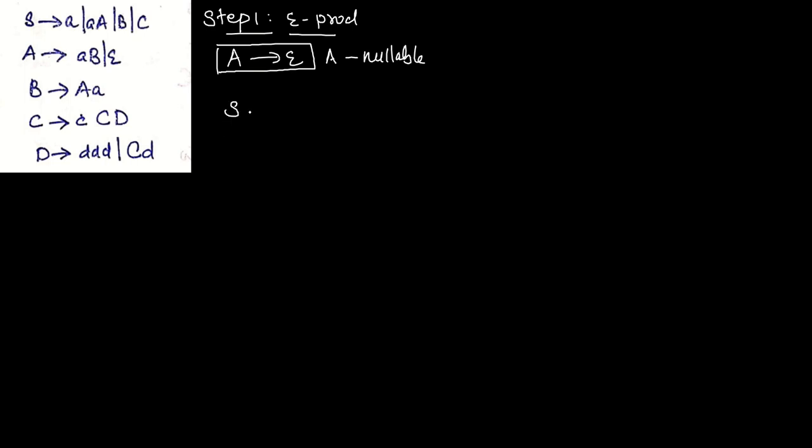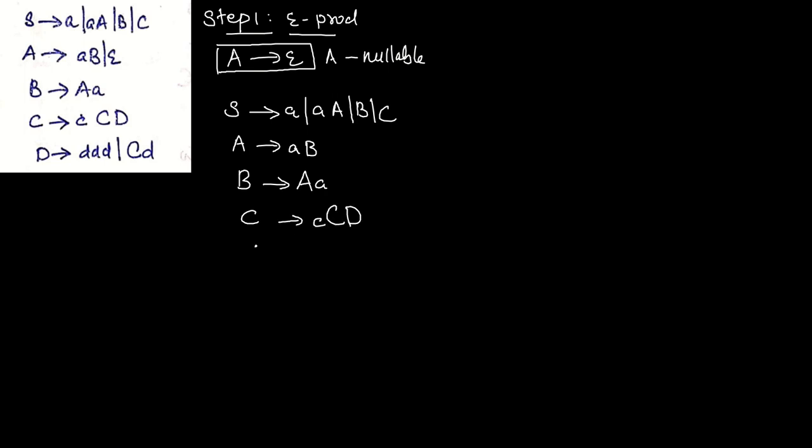So I will write down all other productions: A gives AB, AA, epsilon I am not writing because we are removing it. Then C gives small c, capital C, D. Then D gives D, D, D, and CD.